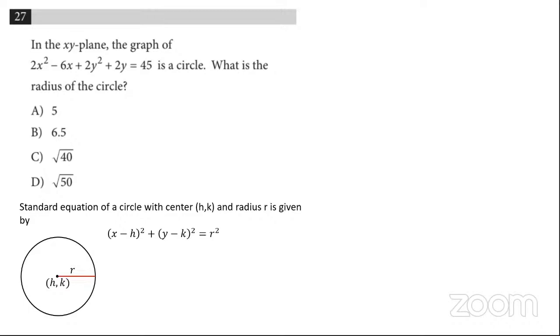This is a standard equation, and it would be good if you guys can remember it by heart. You will require it in further questions that may come. So here h is the x coordinate of the center, k is the y coordinate of the center, and r is the radius. So the circle with center (h, k) and radius r is of this form. Note it down.